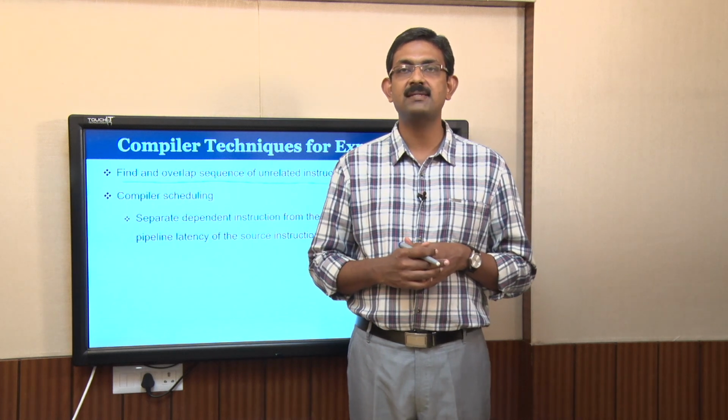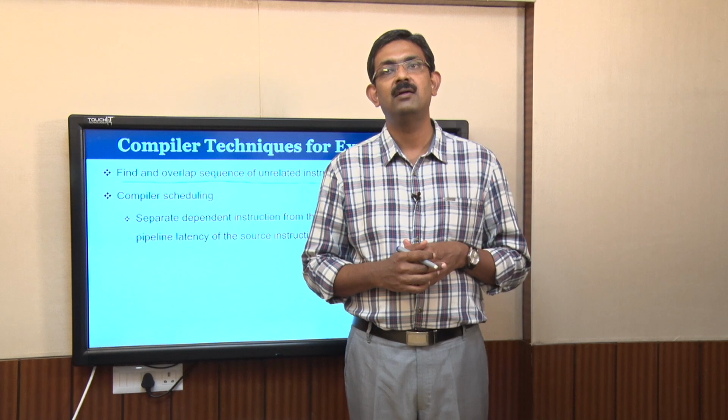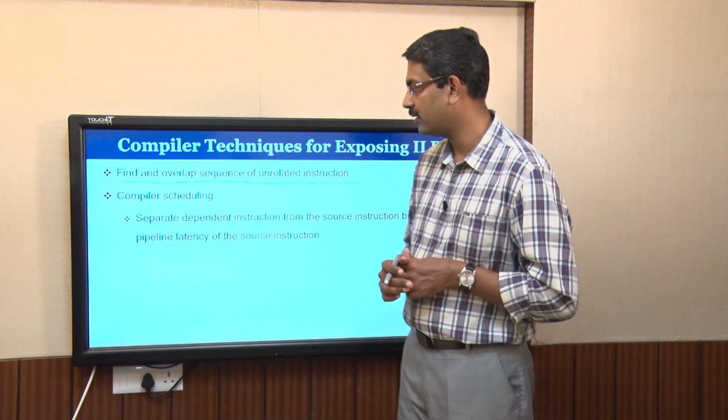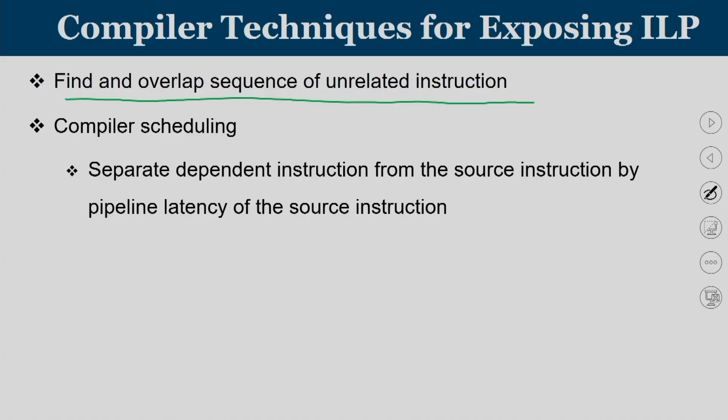Such a reorganization done by the compiler to reduce the stalls in the hardware is known as compiler scheduling. So compiler scheduling means you are going to separate a dependent instruction from the source instruction by the pipeline latency of the source instruction. In this case, when you have a load and an add which comes immediately after this load, we know that they should be separated by a minimum of 1 instruction, or there is a 1 cycle stall.